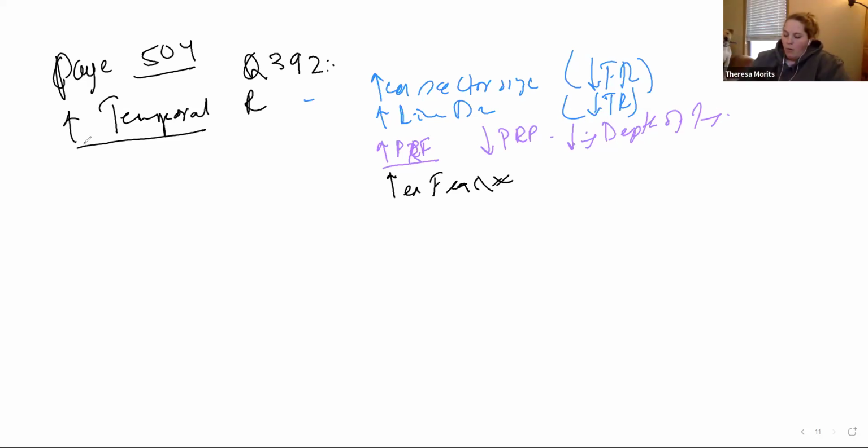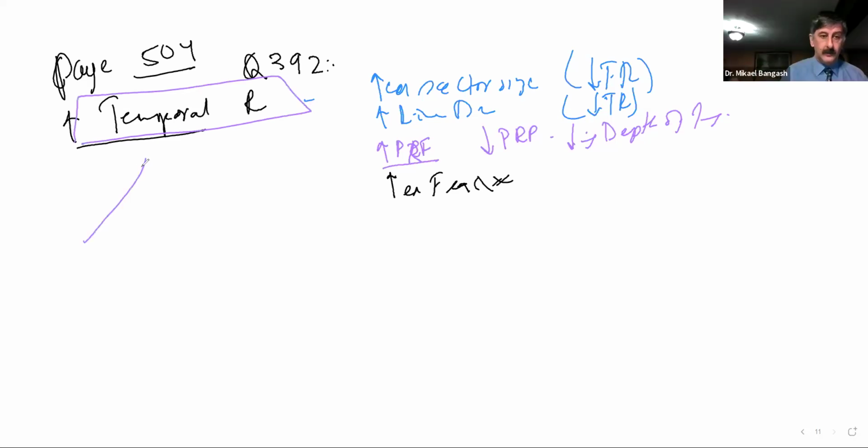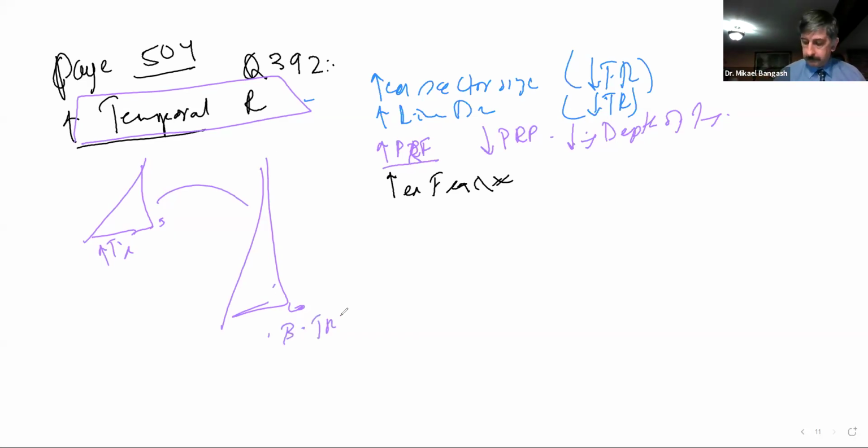The shallower depth of image versus deeper depth: this is going to have a good temporal resolution, and this one here will have a bad temporal resolution. But it's not directly mentioned, so you had to figure out what the increase of the PRF would do. And please keep in mind, guys, PRF, not the frequency.